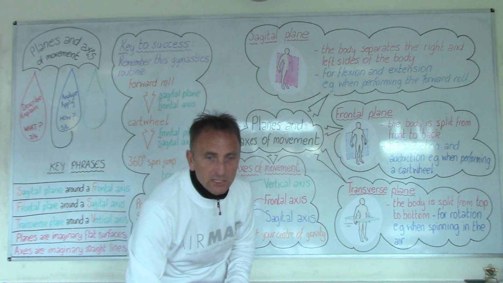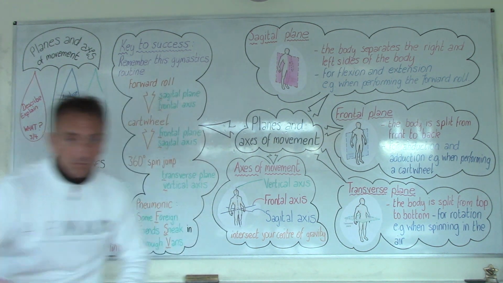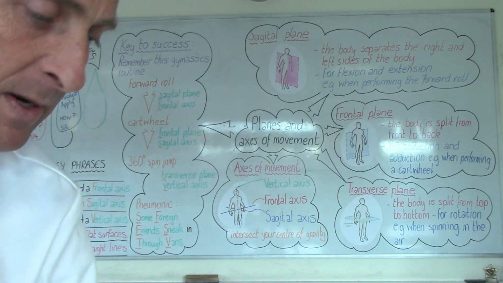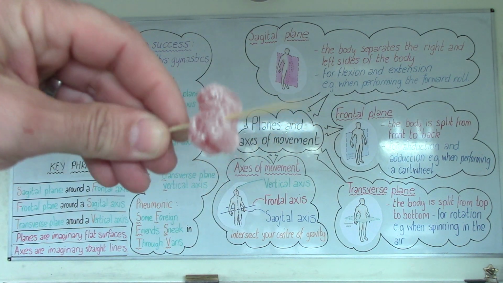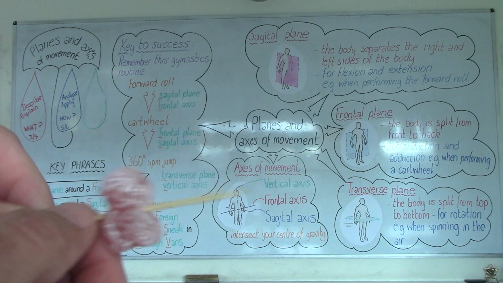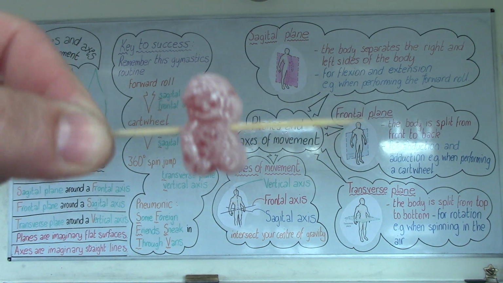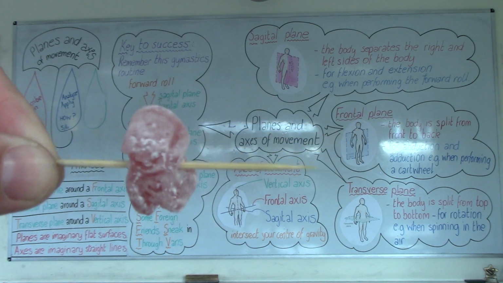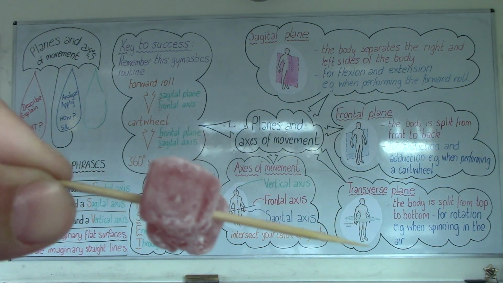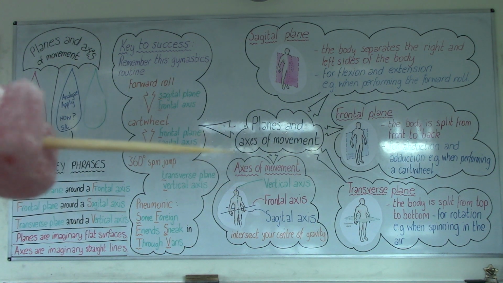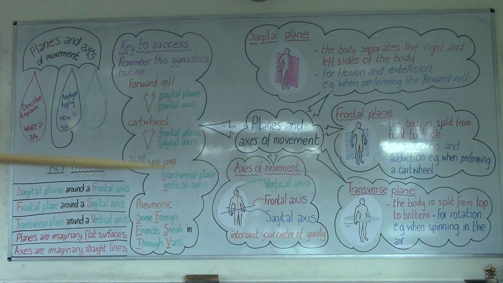Now if you remember my jelly baby, at the moment, that straight line that intersects the centre of gravity, I've put through from side to side. So it allows me to move around a frontal axis. Okay, so sagittal plane goes with the frontal axis in a forward roll.